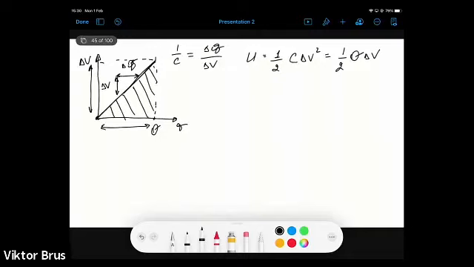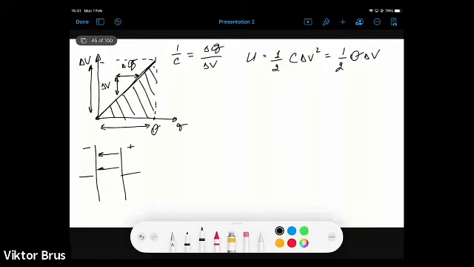And now let us calculate the relationship between accumulated potential energy and electric field between the plates. So let's maybe show here two parallel plates, plus, minus.